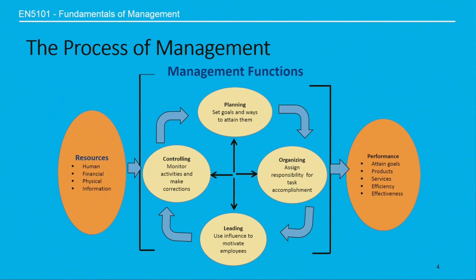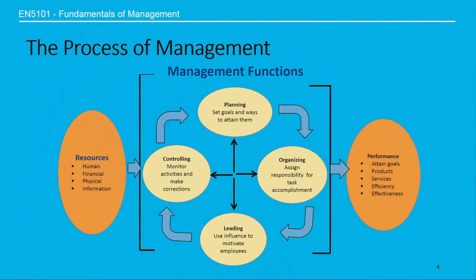Finally, managers should do controlling as well. That means monitoring activities and making corrective or reactive decisions to keep the activities on the right track. Right? These are the four managerial functions discussed under the management process.